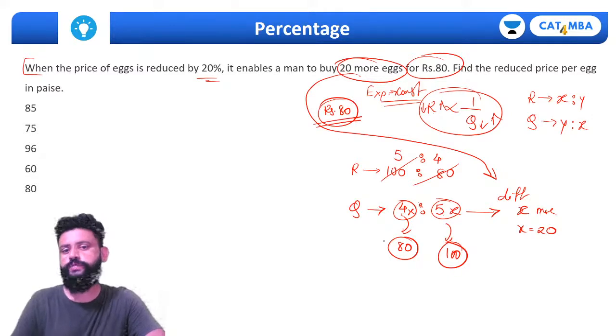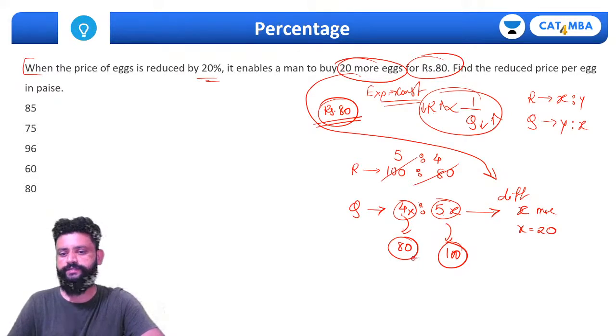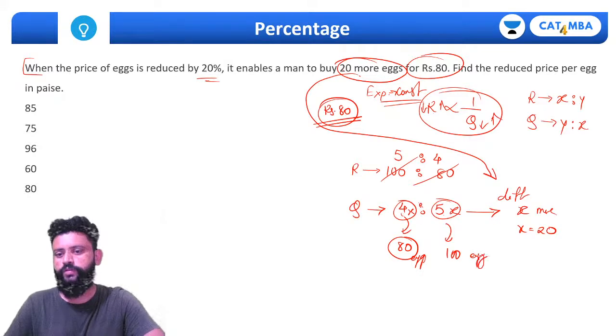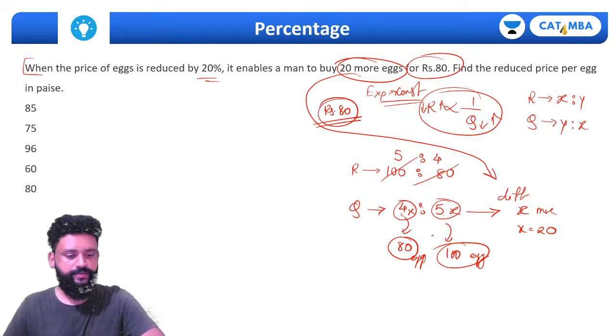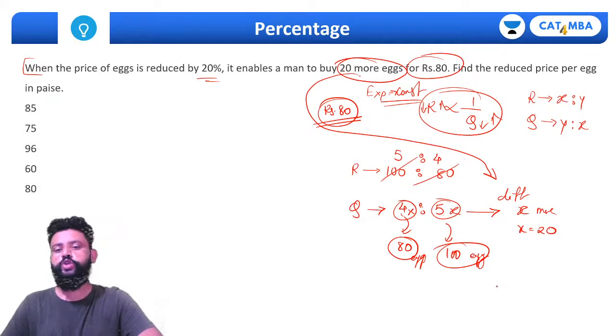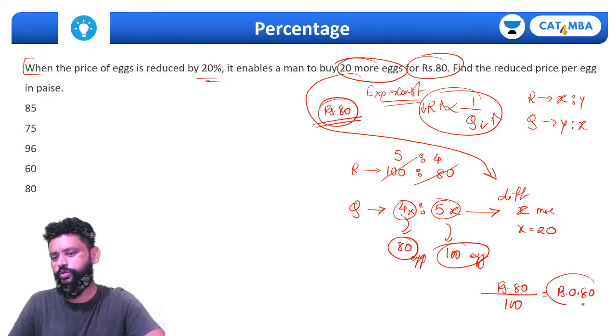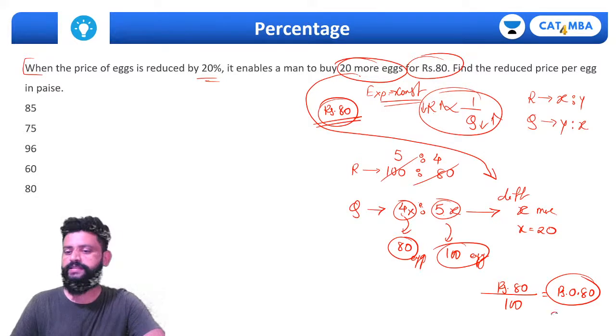So initially he used to buy 80 eggs for rupees 80, now he can buy 100 eggs for the same 80 rupees. Right? All of you understood this part? So हमें क्या करना पड़ेगा, रुपीज 80 को हमें डिवाइड करना पड़ेगा 100 में, तो तुम्हें आंसर आएगा 0.80 रुपीज. अगर पैसे में चाहिए तो 80 पैसे होता है उसका, 1 रुपीज 100 पैसे. That's it.